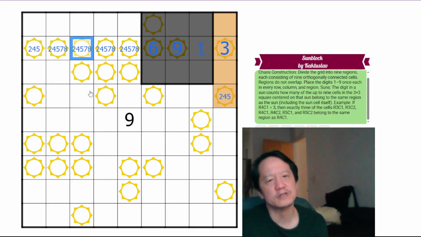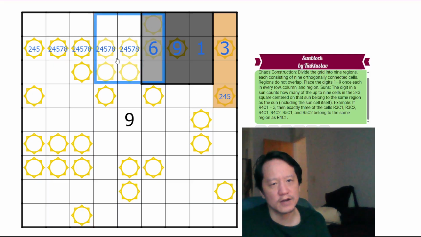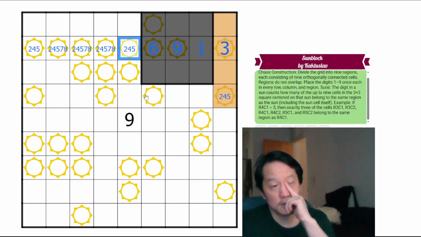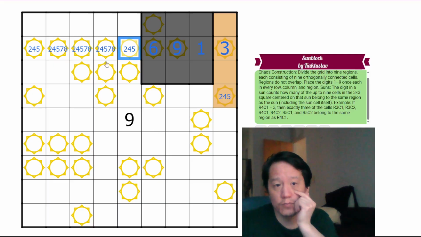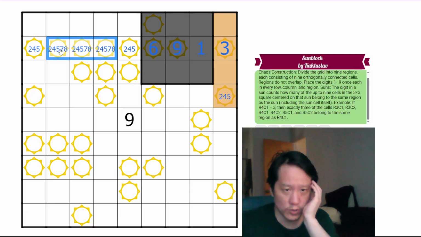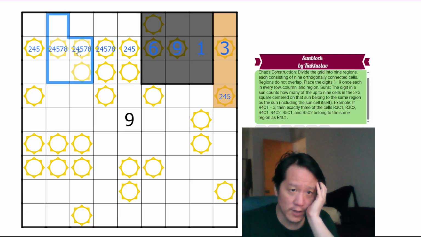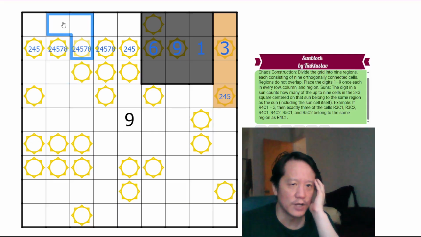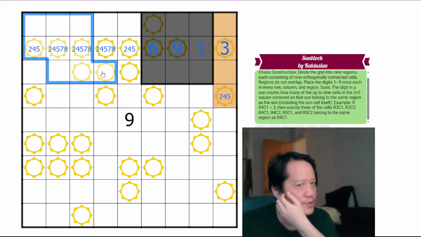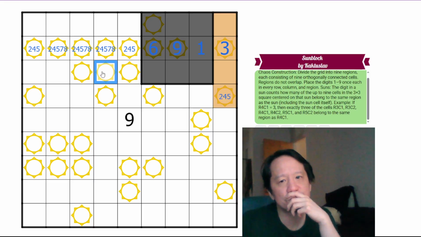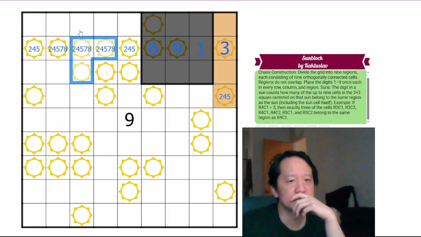Where can 8 be is a question. 8 can't be here, and 7 can't be here, because this can't have... How does 8 work here? 8 can never have 6 cells that overlap with another one. It could be 7 cells, though. So you could have 8 going something like this, and then this is 7, or something along those lines. Or this is 7.